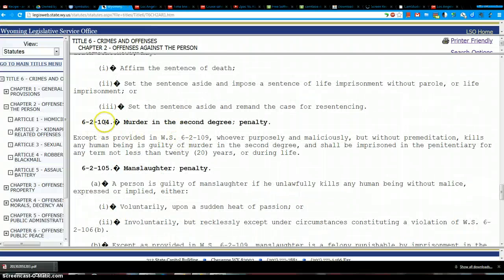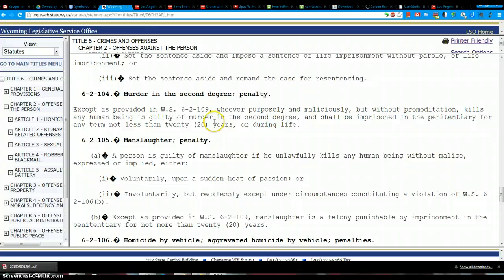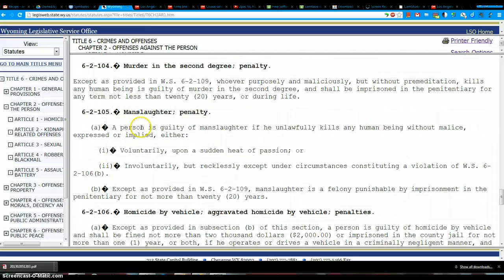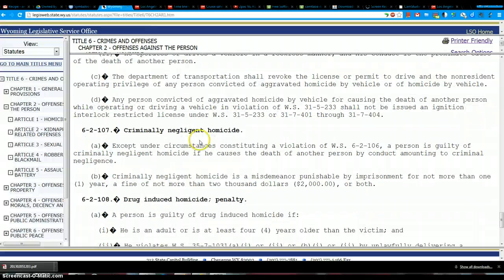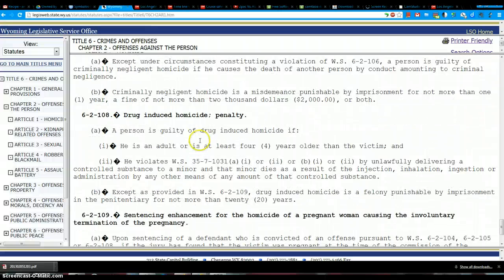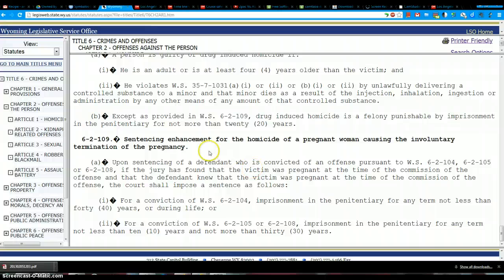But if you go down to Statute 104, then we have second degree murder, definition and punishment, manslaughter, homicide by vehicle, criminally negligent homicide, drug-induced homicide. And then an interesting one, it's not a crime, it's just a sentencing enhancement.